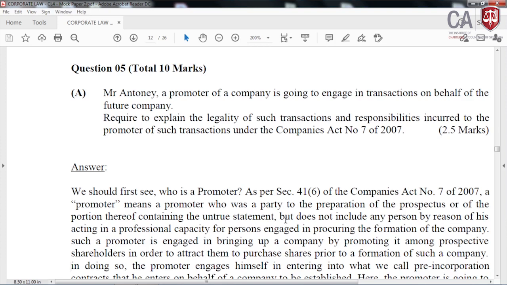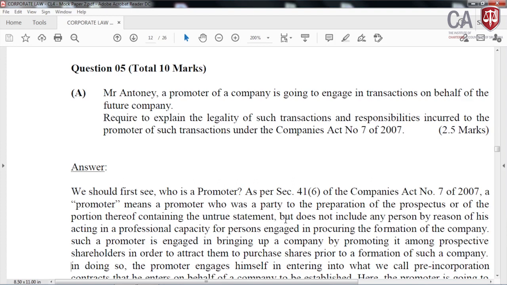So therefore, the promoter acts privately by himself prior to the incorporation or creation of a company. However, the promoter is at that time acting on behalf of the company that is to be formed.